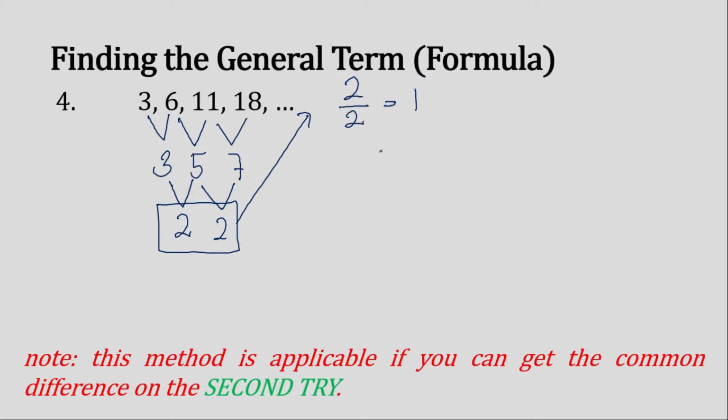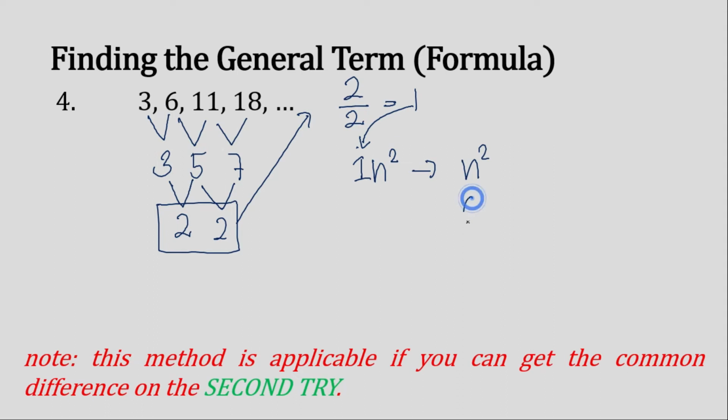So now what we're going to do, instead of n, we will use n squared. So n squared, and we will put 1 here. So we have 1 n squared. To simplify, we don't need to put 1. We could just write n squared. Now let's use this n squared and see if we're going to get these numbers.